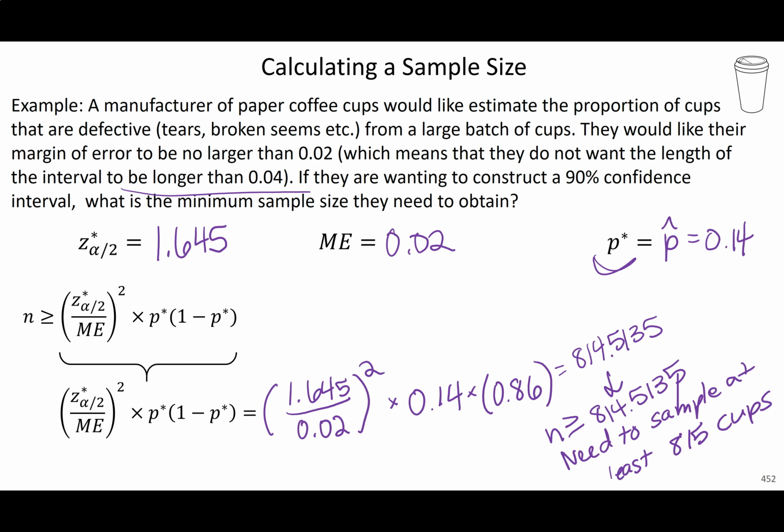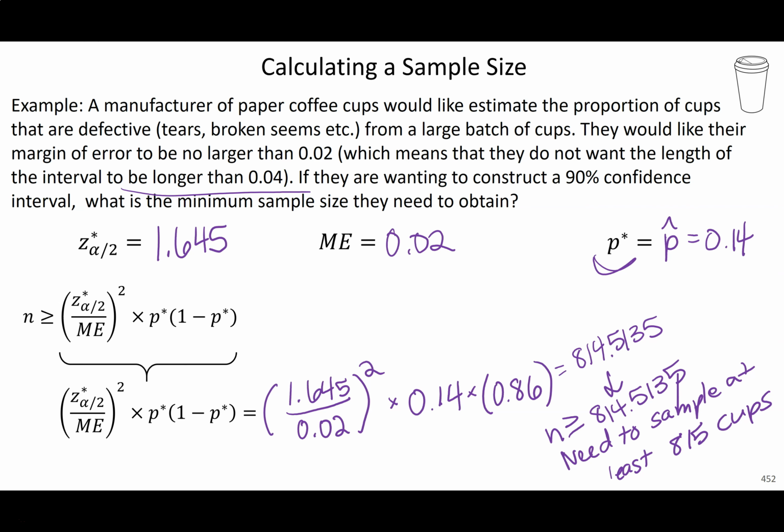So if you want to estimate the proportion of all cups from this large batch that are defective with a 90% confidence interval that's no wider than 0.04, you're going to need to take a sample of at least 815 cups from this large batch in order to ensure that those properties are met.